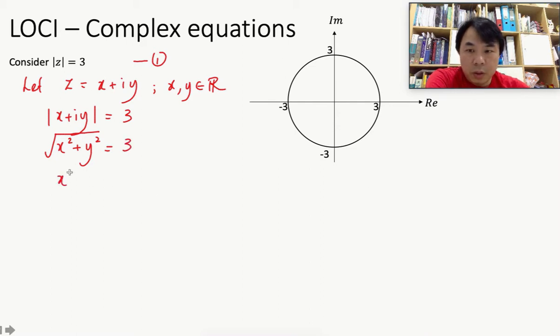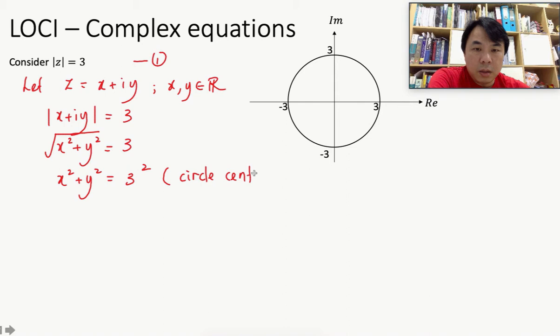And then to get rid of the square root, we end up with x squared plus y squared equal to 3 to the power 2. That is an equation that represents a circle centered at 0, 0 in this case. If you want to write this more explicitly to show the connection to the center, we can write it in this form.